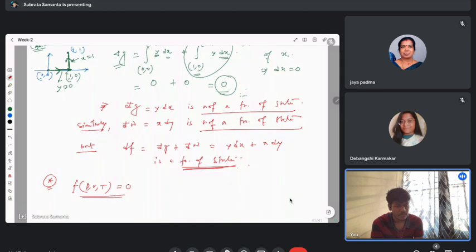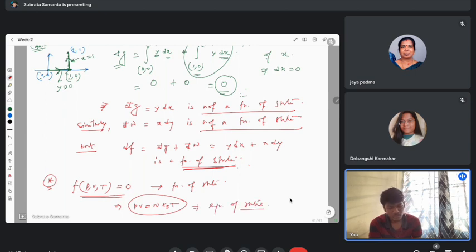So this is a function of state. This is the equation of state, or it can go to more complicated things.